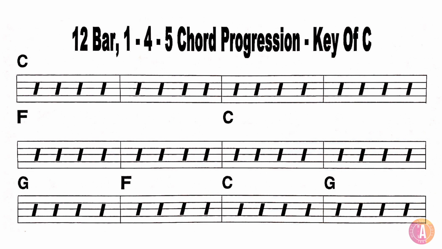So instead of starting on the 1, it'll start on the 5. Normally, what we just did was from the 1 to the 4 to the 5. This time we're going to go 1 to the 5 to the 4. Believe it or not, it works.